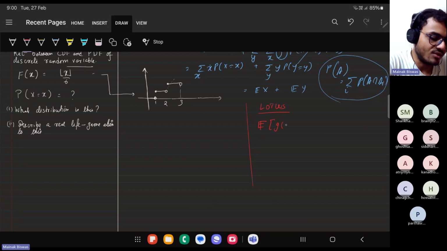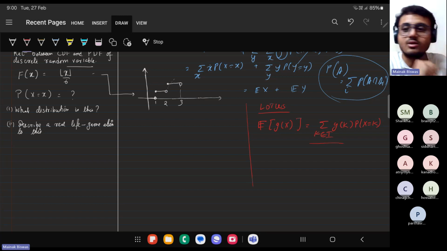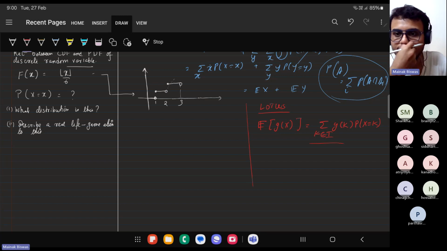Any function of a random variable can be just written this way, for k in I, whatever you're writing, all the values that k takes. So can anyone tell me why this is true, both by intuition and by mathematics?